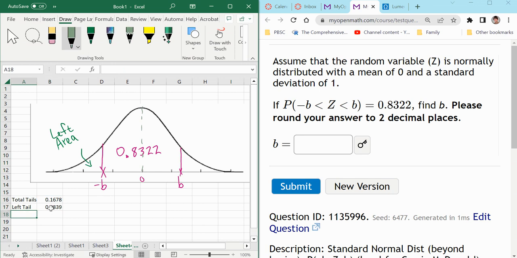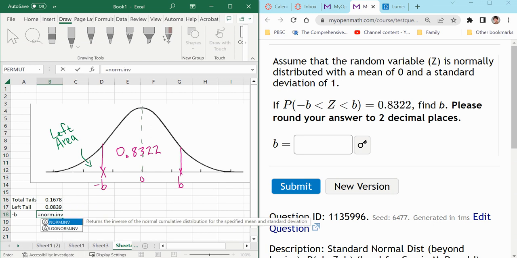And now we have our left tail area, which allows us to find the boundary right here that is bordering that left area by using the reverse lookup option. So we're going to do norm.inverse and then put in the probability, which is in the left tail, because it only works with left areas, and then the mean given in the problem.